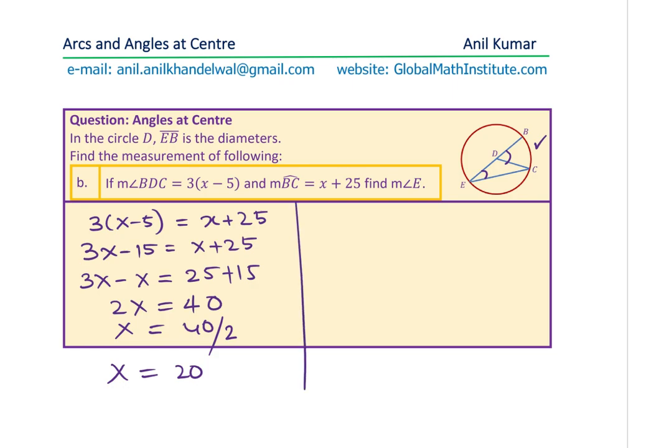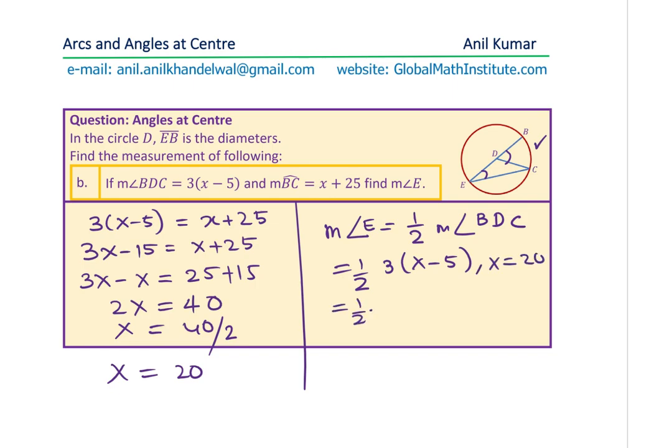Since we know that the value of x is 20, we can find the value of E. Now, measurement of angle E is how much? It is half the measurement of angle BDC, right? So it could be given as half of BDC, and BDC is given to us as 3 times x minus 5, where we know that x is 20. Substituting, we get half times 3 times 20 minus 5, correct?